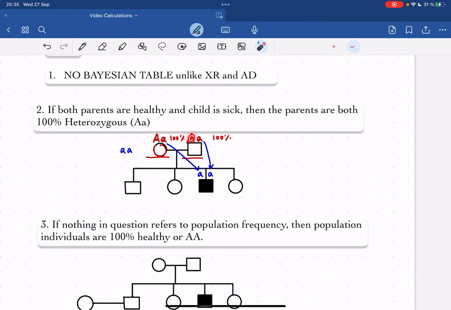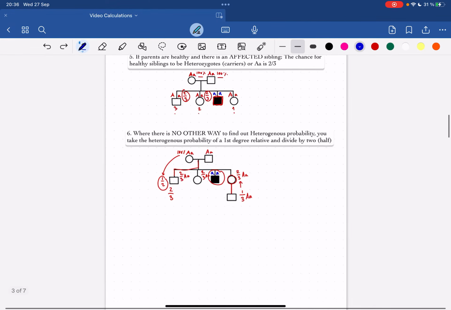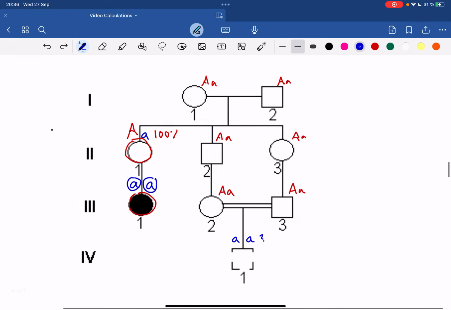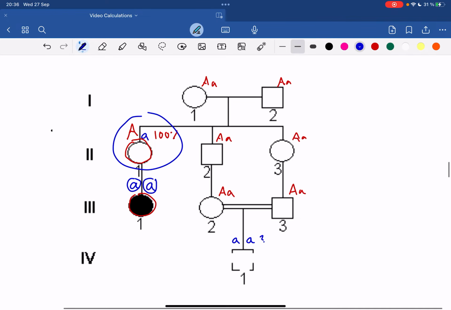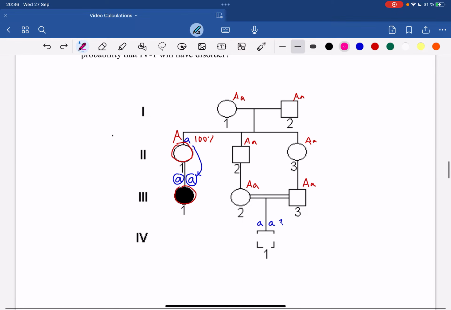This person can have been affected like this, but even then, one of these alleles has to have come from the healthy parent as well. Let me just delete that. All right, so now we know for sure that this mom must have had a recessive allele to give to this child. Now what? What are we going to do with the rest of these people?